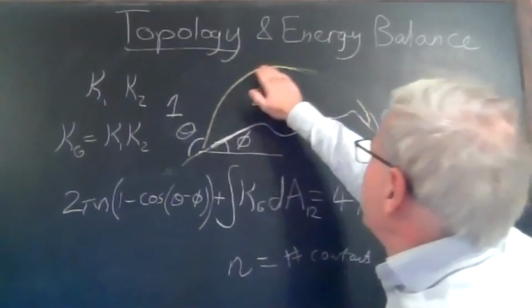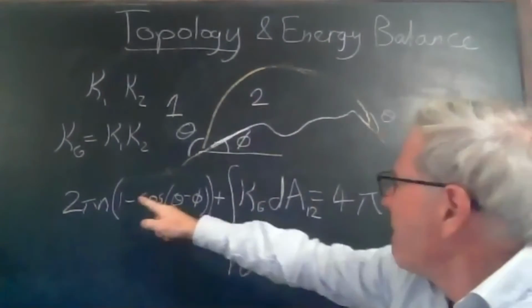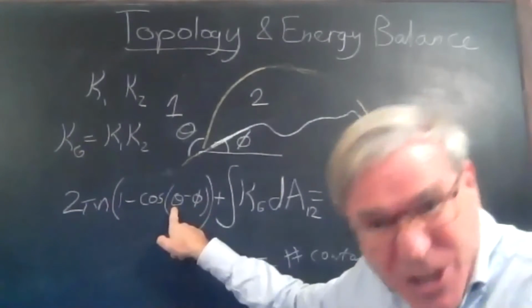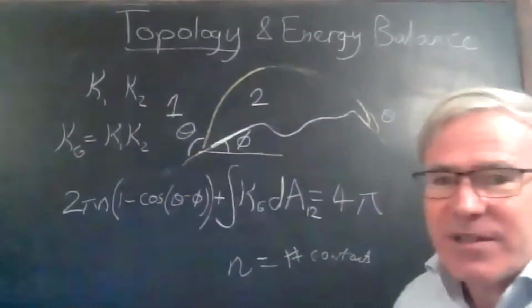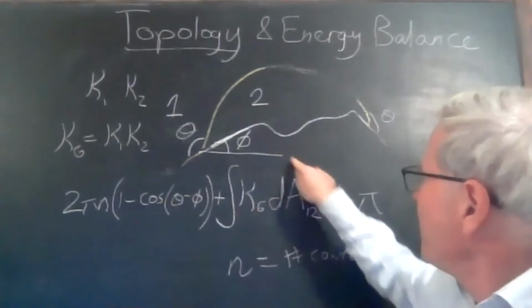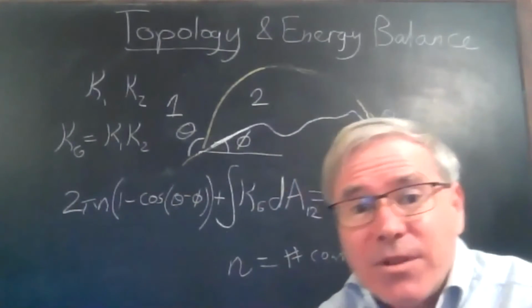So we can have an interface that, for instance, hits the solid here as well. So we have more than one contact line, or one contact loop, 1 minus cos, and you'd like it just to be cos theta, but it's cos theta minus phi. So rather than evaluate theta directly, we evaluate this integral. We've got 4 pi, and we can back out.